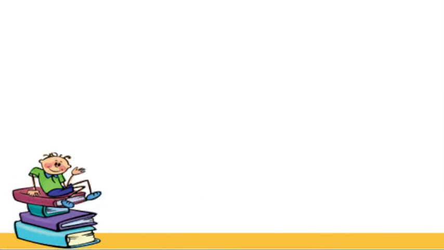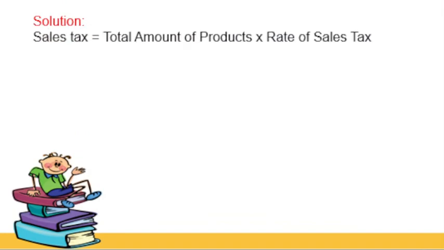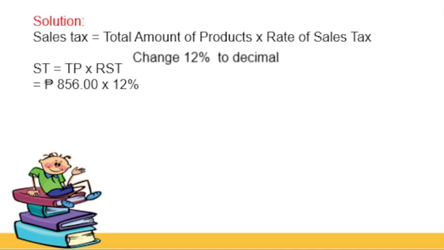Okay. So, to solve, sales tax equals the total sales of products times the rate of sales tax. So ST is equal to the total amount of products times the sales tax rate. So that is 856 times 12%. Change 12% into a decimal.